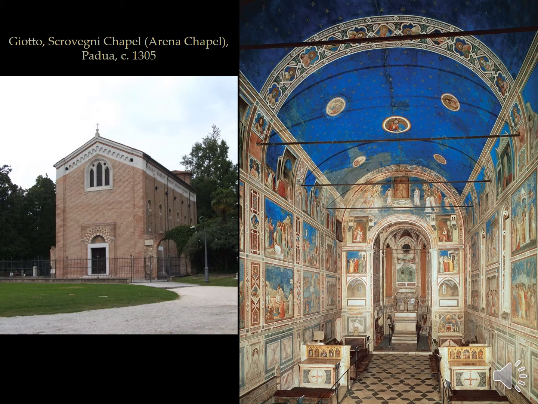It's a private chapel attached to a palace, a private residence, that was commissioned by the most wealthy man in all of Padua at the time, Enrico Scrovegni. Enrico Scrovegni is going to have become the most wealthy man in the area through usury, which is, of course, going to be the lending of money for interest. His father, Reginaldo Scrovegni, is very famous as he is the only usurer in hell named by Dante, who speaks.